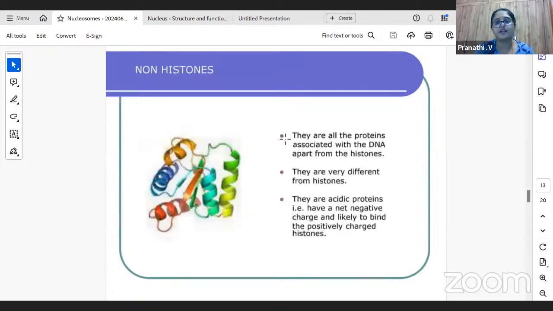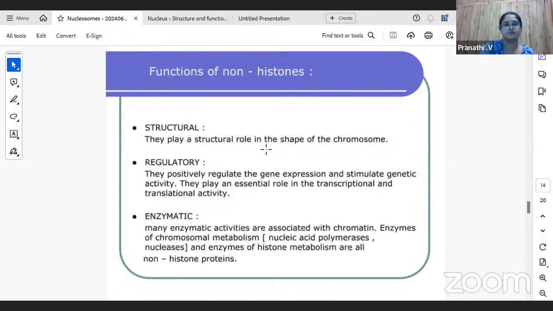Non-histone proteins, of course, like I told you, play an important role in transcription, and they're quite different from the histones. And you have acidic proteins also, which have the phosphate group in it, which is going to bind to the positively charged histones. And what are the functions of the non-histones? Regulatory, enzymatic.